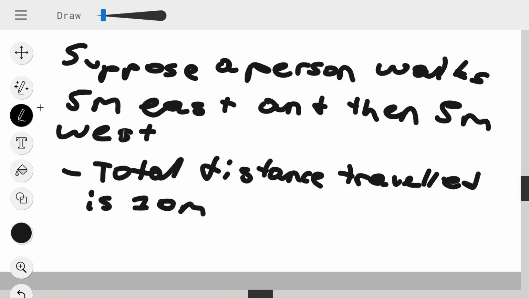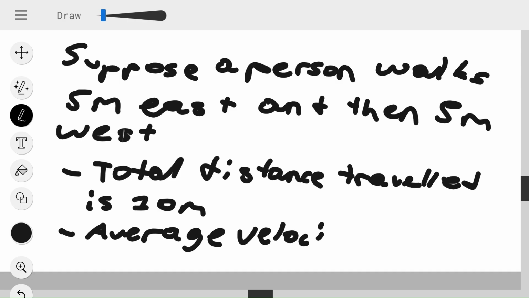So the average speed is based on that total distance, but the displacement is 0 meters because the person ends where they started. So the average velocity is 0 meters per second. This shows that speed and velocity can be very different.